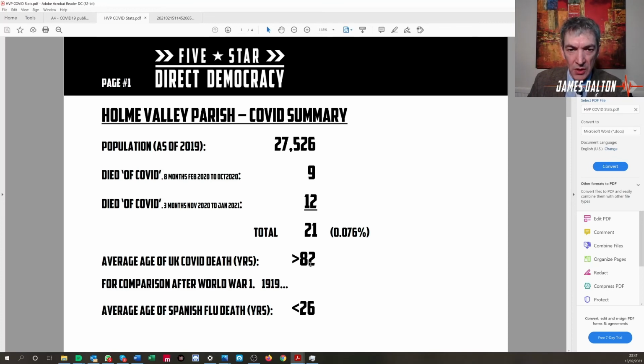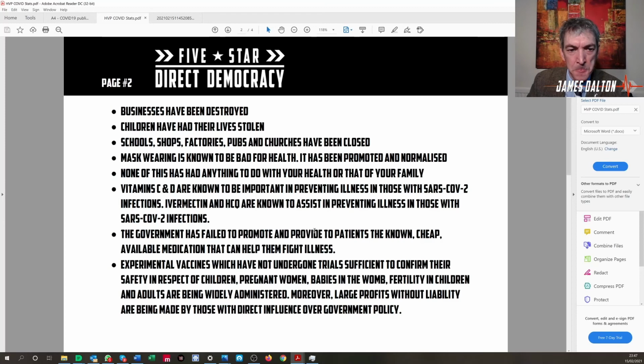Whenever we lose a loved one, it's tragic. I'm not going to go into all the other tragedies that bereaved families have suffered, because there will be around about 230, 240 deaths in the Holme Valley in the period 2020.